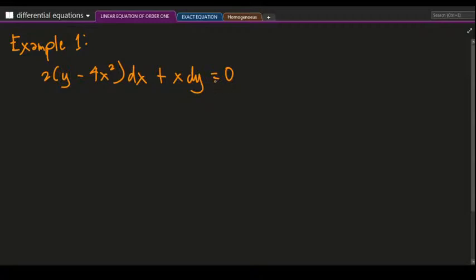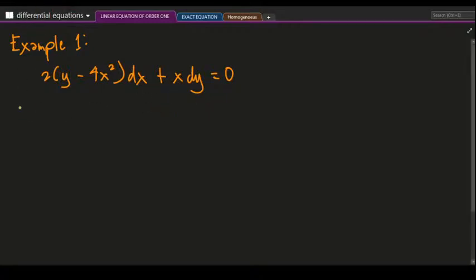Per inspection, this is a linear equation of order 1 because of this term, the x dy. And if you are going to use the method of exact equation or homogeneous equation, this is somewhat cumbersome to solve. So for this one, we just use the linear equation of order 1.